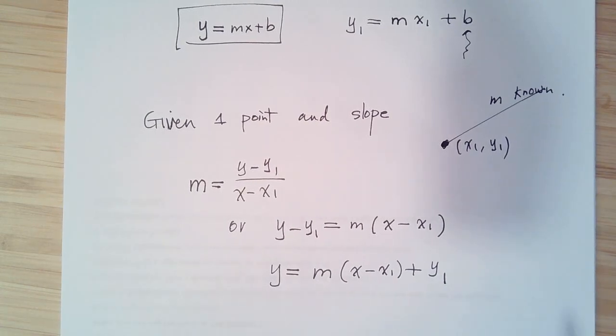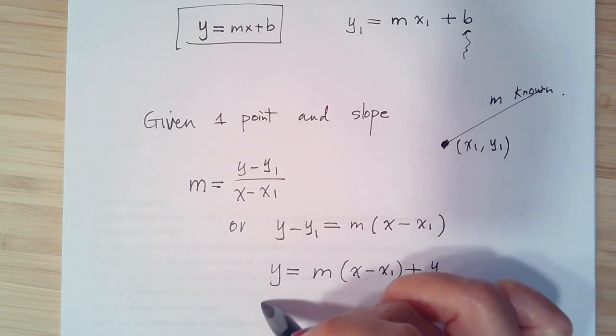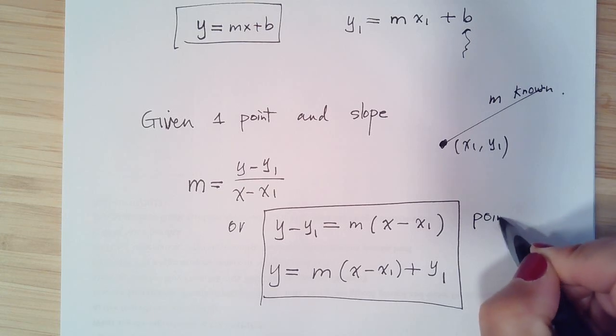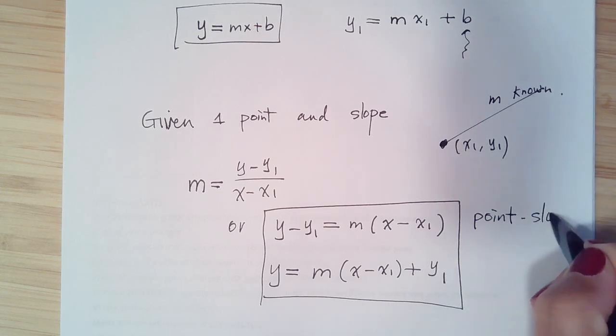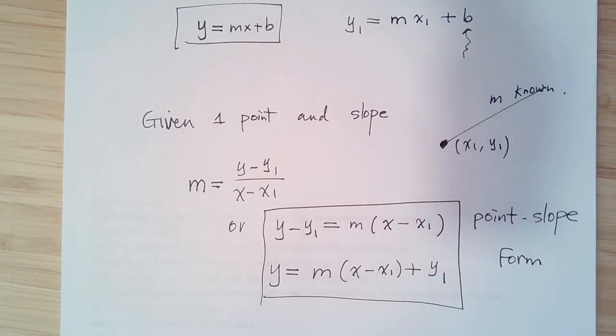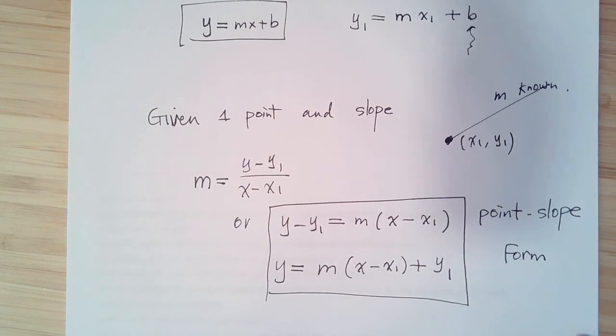So this is called a point slope form. It's just a little different, but it's really not hard.